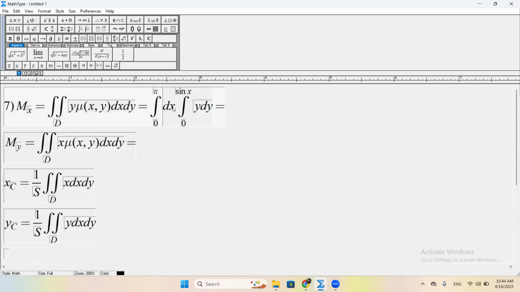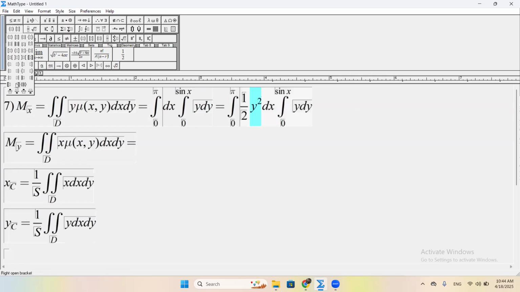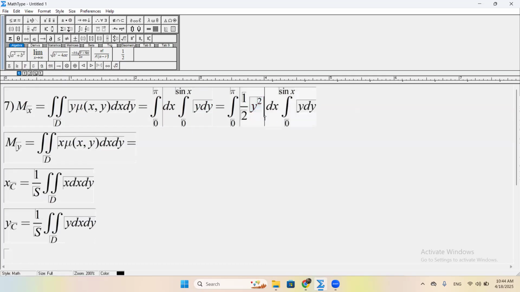The inner integral will be the following: 1 over 2 y squared from 0 to sine of x.